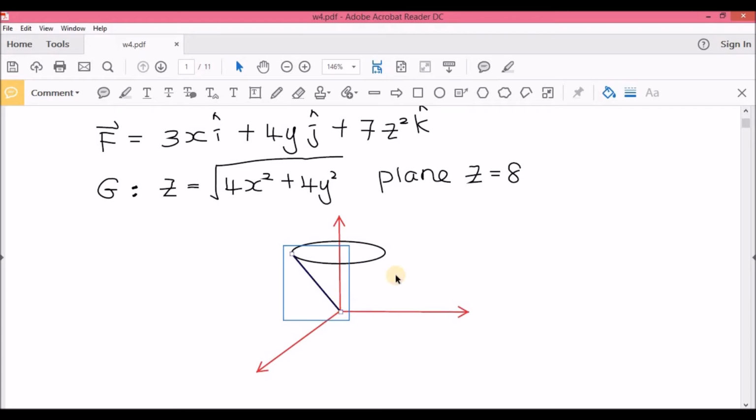This is how you draw your cone. It says that the plane is at z equals 8, so here will be 8. Actually the height of the cone can extend to infinity, but here the 3D structure is covered by this function and also the plane z equals 8. So you will get this structure.